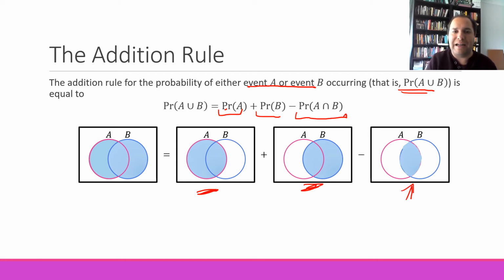And the whole idea behind that is, once again, we've counted this intersection here twice. So what we've got to do in order to make sure we only count it once is subtract whatever our probability is here, or whatever value is here in our intersection, to make sure it's only counted once.